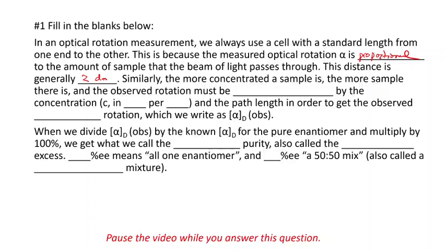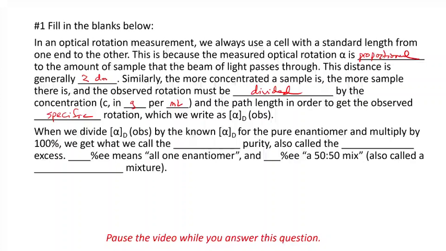Similarly, the more concentrated a sample is, the more sample there is, and the observed rotation must be divided by the concentration, C, in grams per milliliter, and the path length in order to get the observed specific rotation, which we write as alpha D observed.